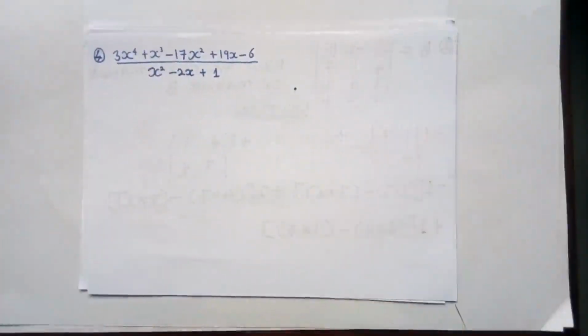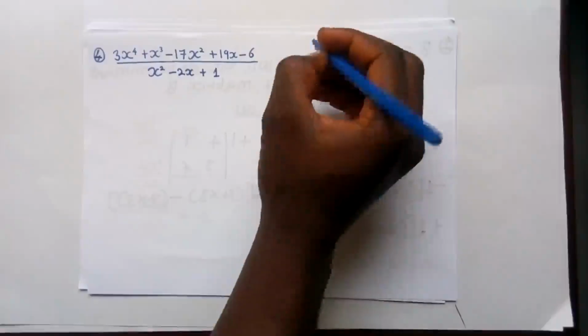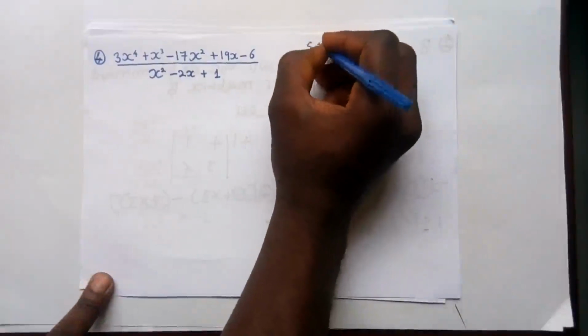Question 4. 3x raised to the power of 4 plus x raised to the power of 3 minus 17x squared plus 19x minus 6 divided by x squared minus 2x plus 1. Solution.